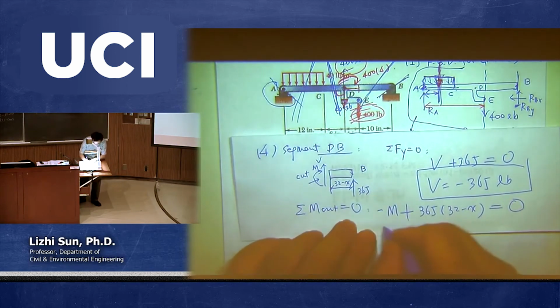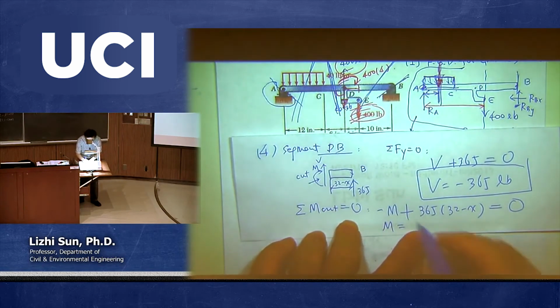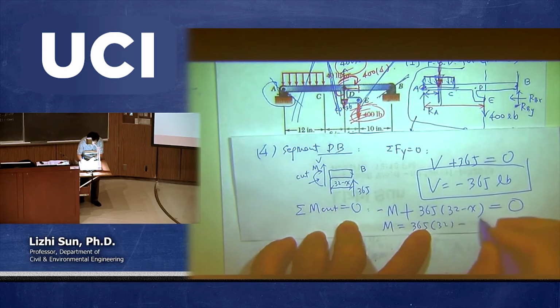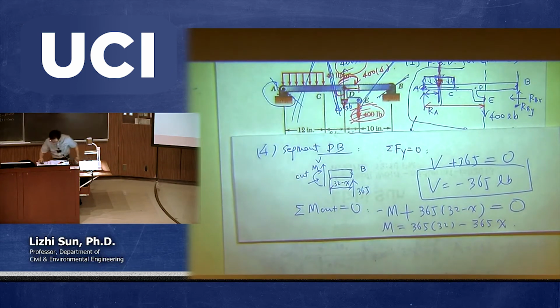From this equation, we get M equal to 365 times 32 minus 365 times x. Let me double check. Yes, that's right. Any questions? So this is step number 4.